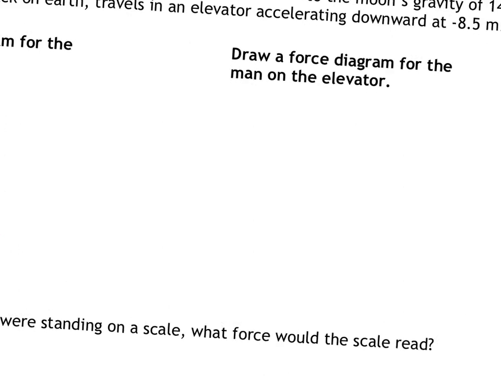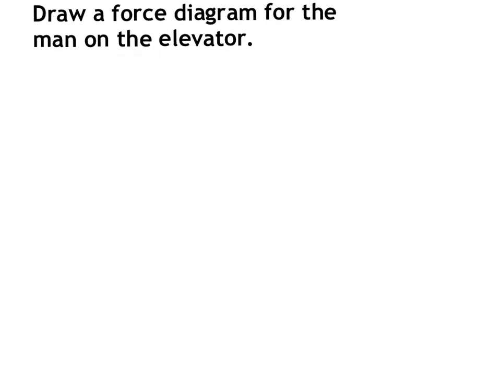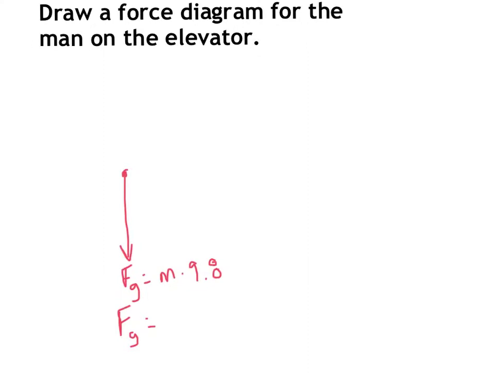Now let's draw a force diagram for the man on the elevator. This man is on Earth. So we know he has a force of gravity pulling him downwards because of the Earth's gravitational pull, which is going to be equal to his mass times 9.8. So his force of gravity in this situation is going to be a negative 882 newtons downwards.